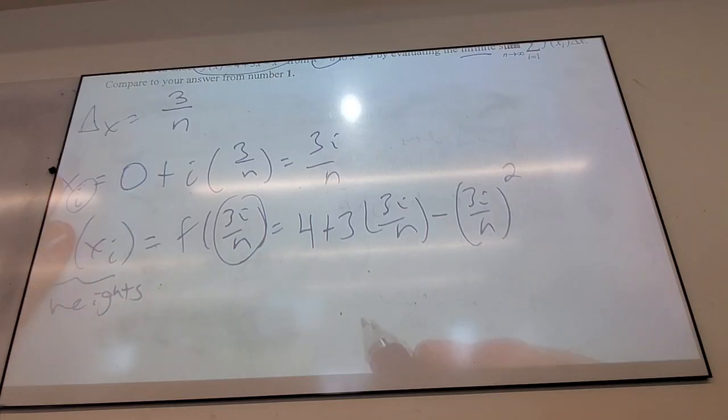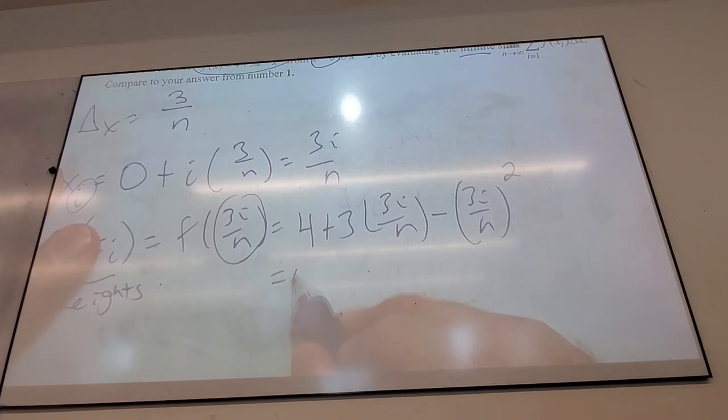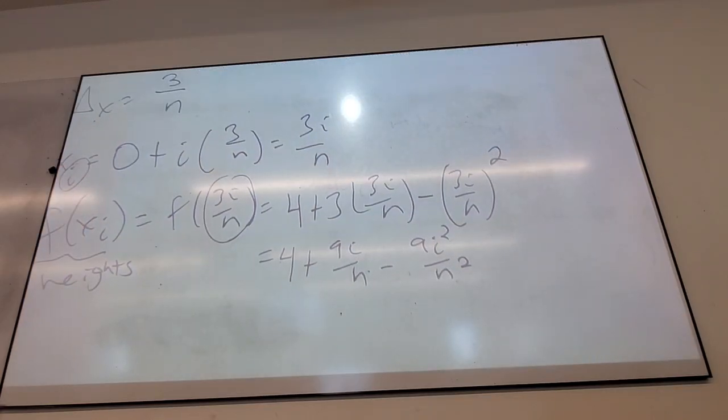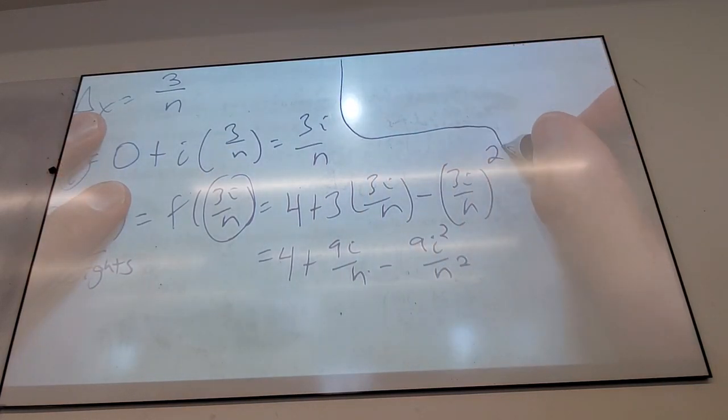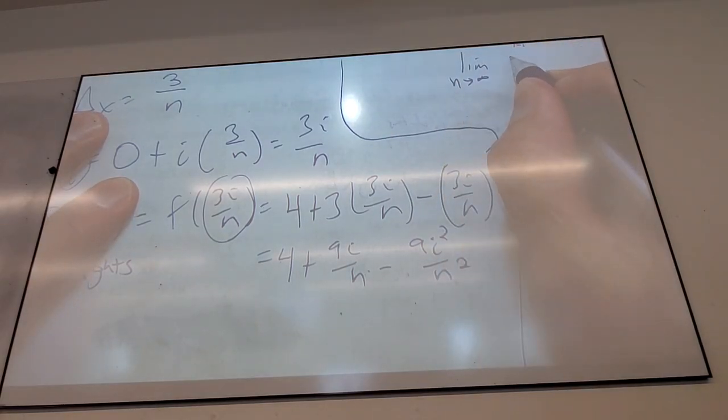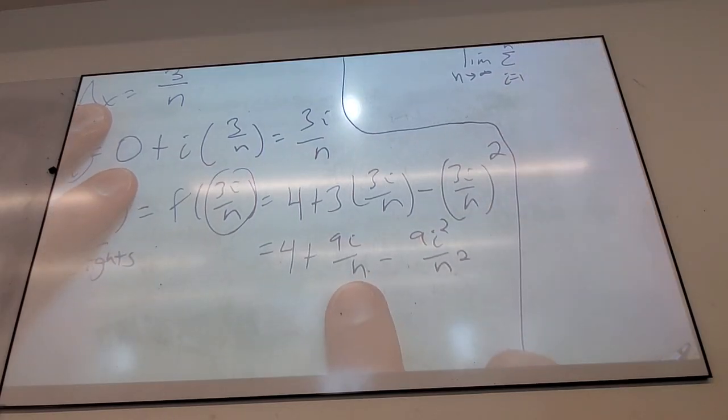And then simplify this a little bit. What does that represent again? My heights. Now I just have to fill stuff in. The limit as n goes to infinity of the sum, i equals 1 to n. f of xi is my heights.